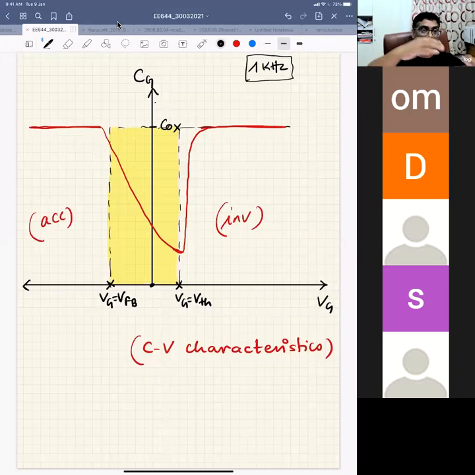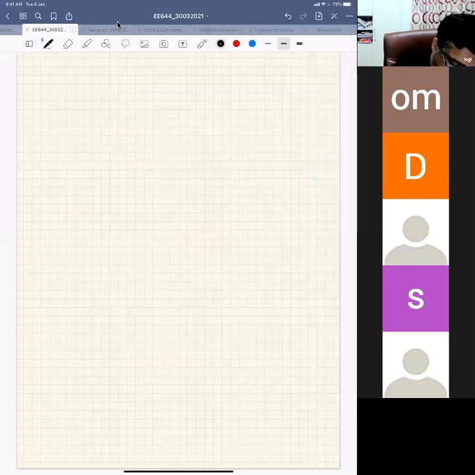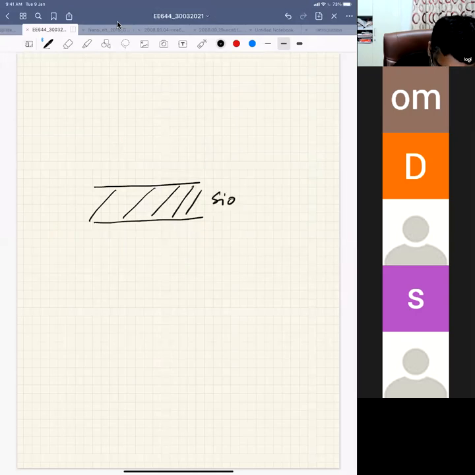So let's say your capacitor is in inversion. You have your gate oxide, your silicon dioxide, and you have concentrated electrons here, a sheet of electrons, right?